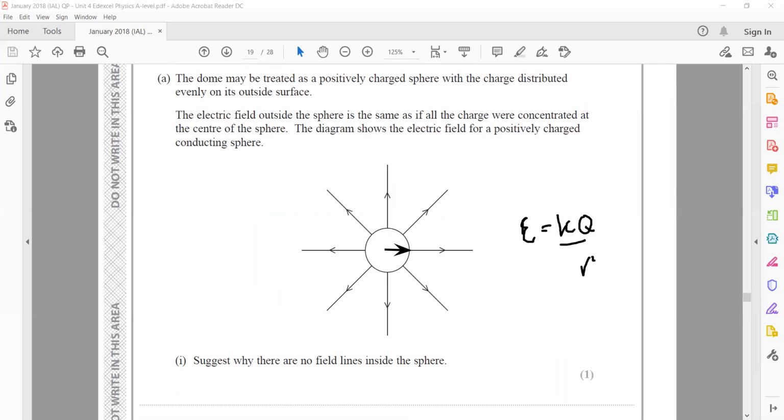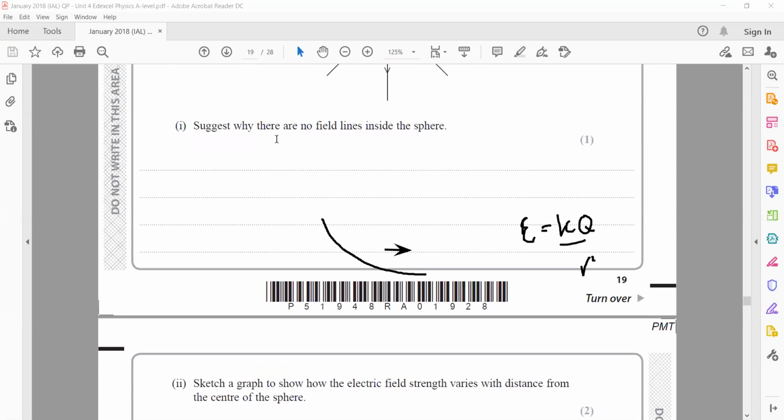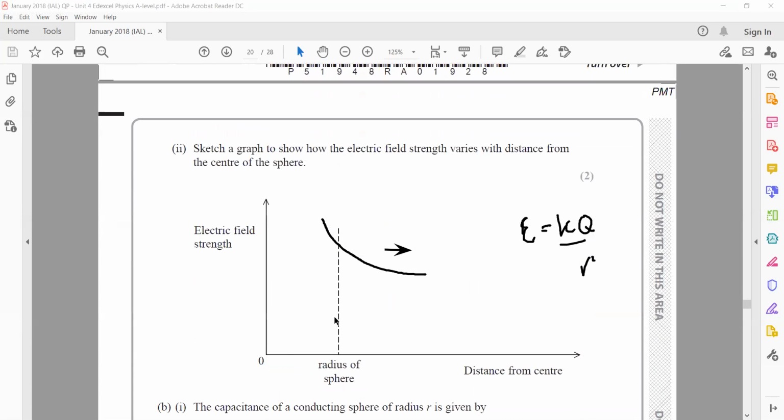So when we sketch, it will be a curve, with greater variation in the beginning and then gradually reducing.